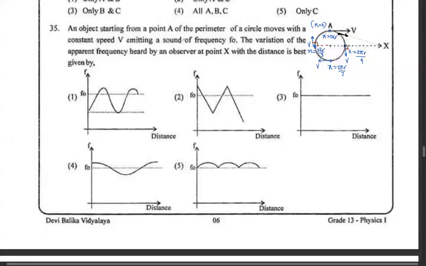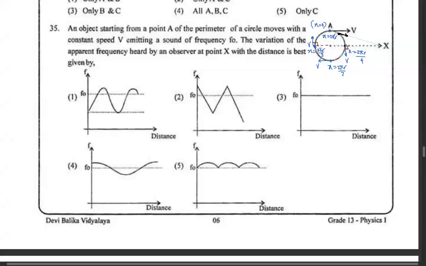And here it will be minimum. Here, you draw a tangent from this point. The object is moving this way, so maximum apparent frequency here, and at this point you will get the minimum apparent frequency. So maximum, 0, then minimum, and again 0.